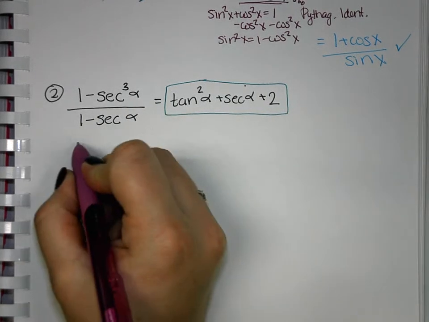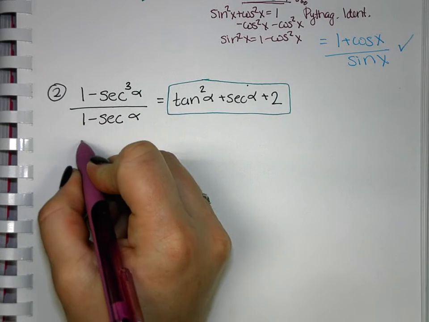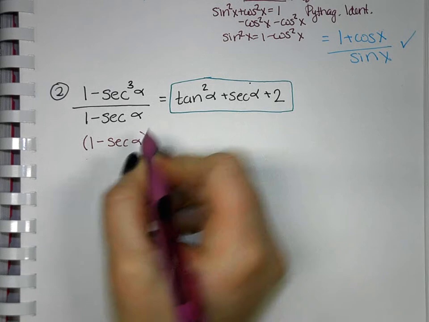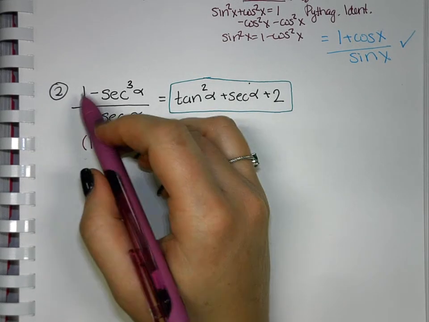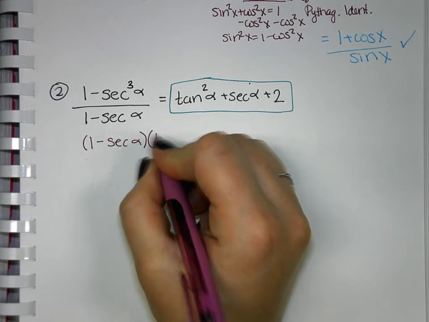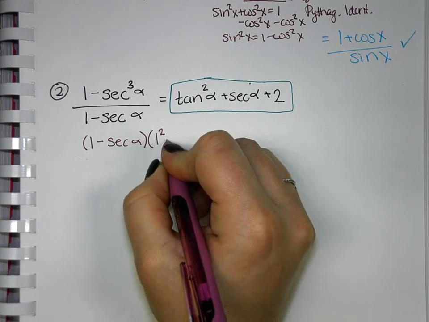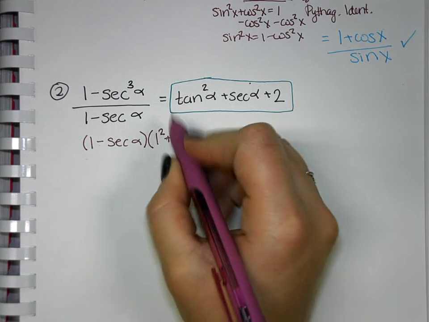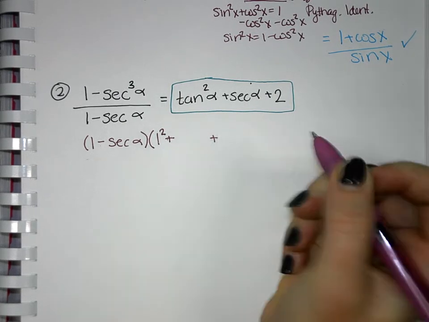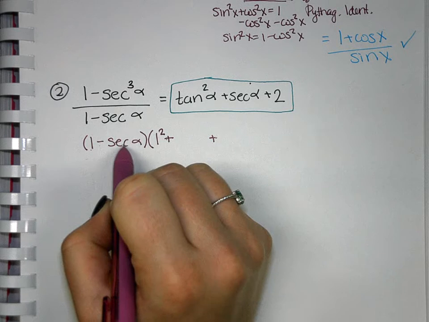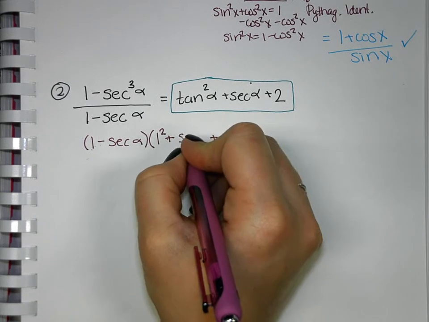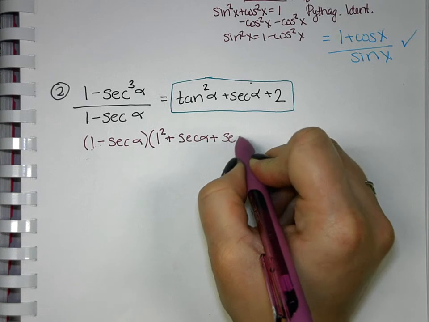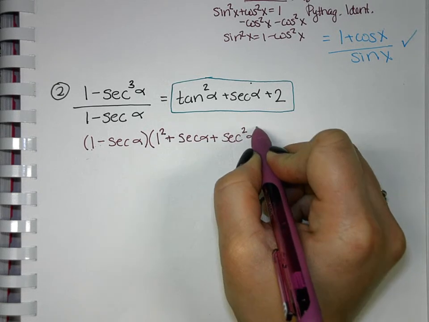So if I factor the top here, 1 minus secant alpha, and then our pattern is, if we remember, we square the first, so 1 squared, same, opposite, and then we'll have our always positive at the end here. So now we would want to multiply these two together, secant alpha, and then square the last, secant squared alpha.